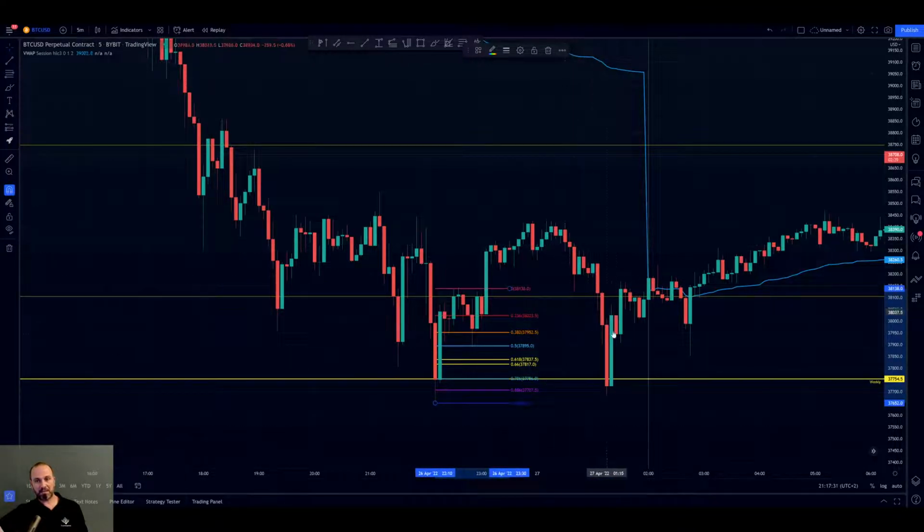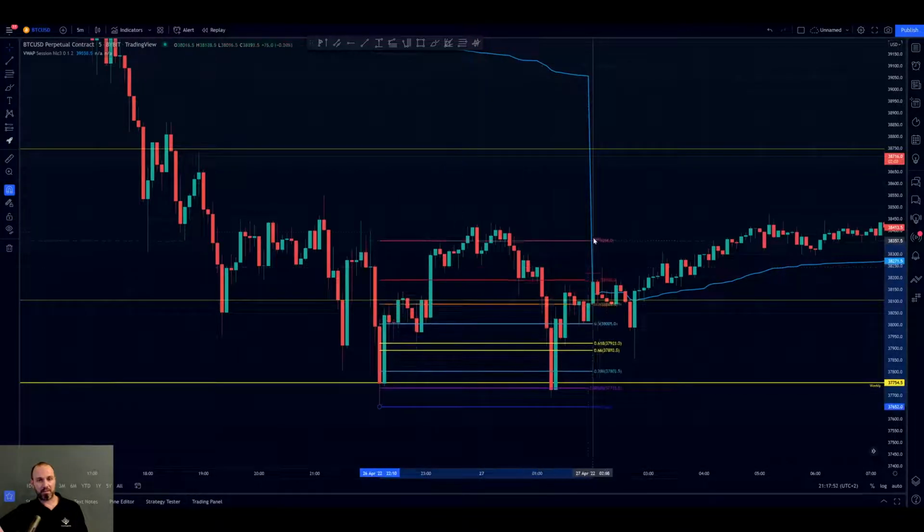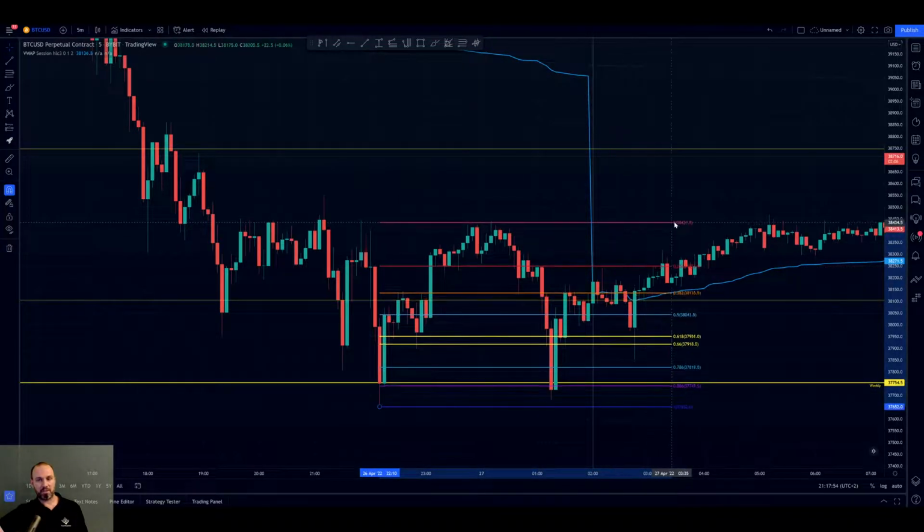After that, we see another retest, but really important, the price doesn't make a new lower low. So even if you took the trade here, you're okay, right? Your stop loss will not be hit. Then we have this retest, and for this retest we can pull the fibs again from low to high.